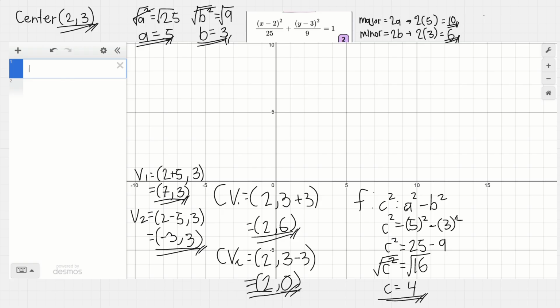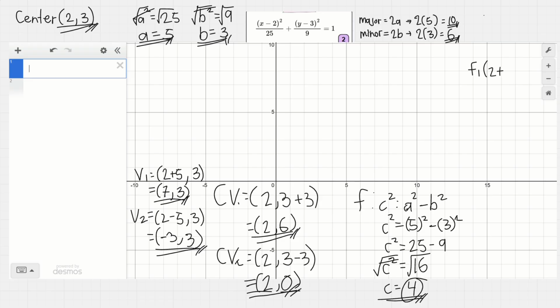Now let's solve for the coordinates of our foci. So remember, our foci are always collinear with our vertices. So if our vertices move on the x-axis, our foci will be moving on the x-axis as well. So let's start at the center. The center is 2, plus the value we got, which is 4.